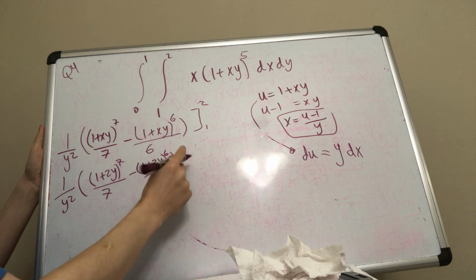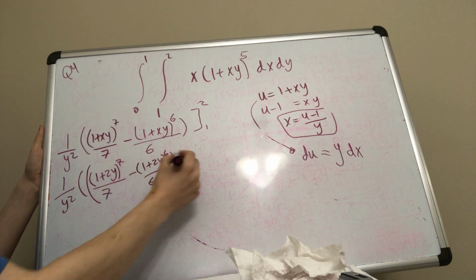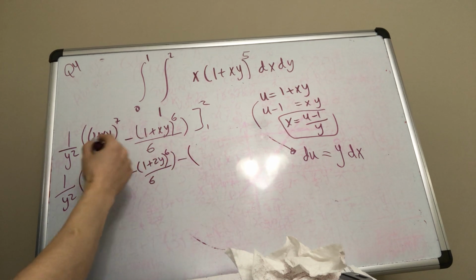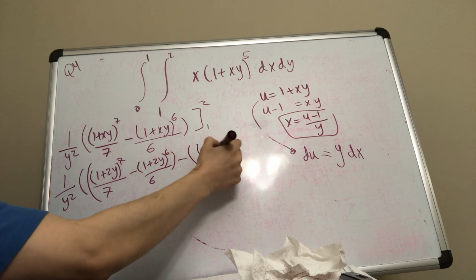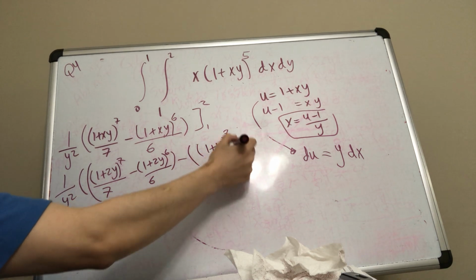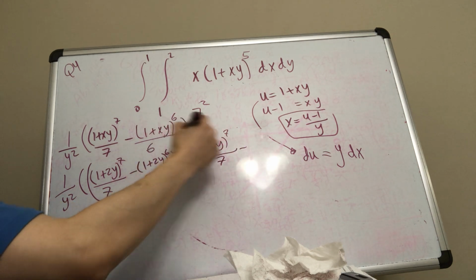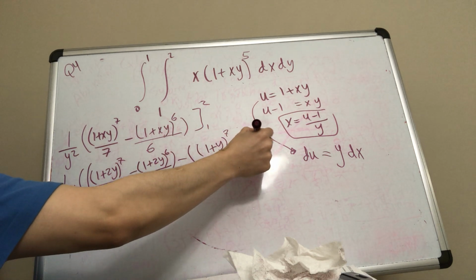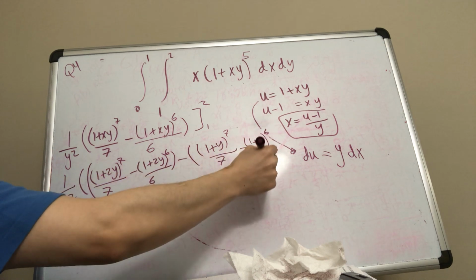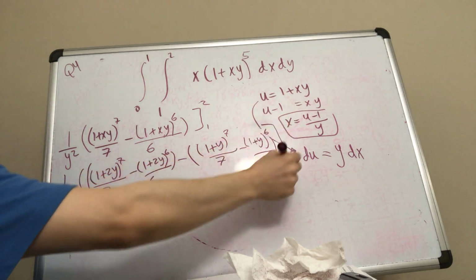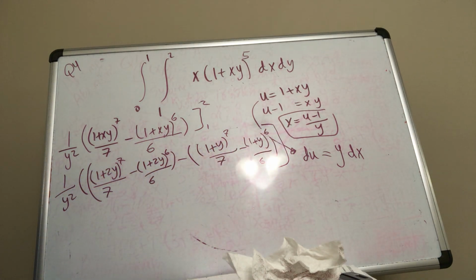Minus, so it would be this minus, you plug 1, it would be (1+y)^7 over 7, and you plug 1 here would be (1+y)^6 over 6. That's the integral for this question.